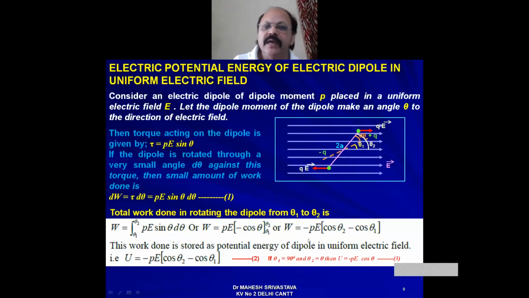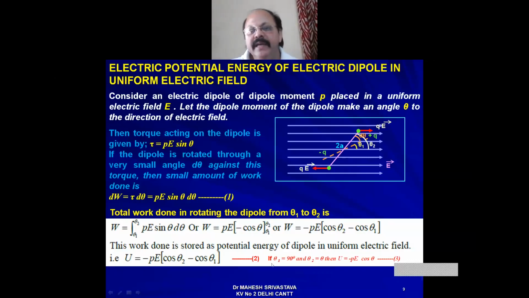Then this work done is stored as the potential energy of the dipole in a uniform electric field. So finally, this W can be written as U, the representation of potential energy. U equal to minus PE within bracket cos theta 2 minus cos theta 1.